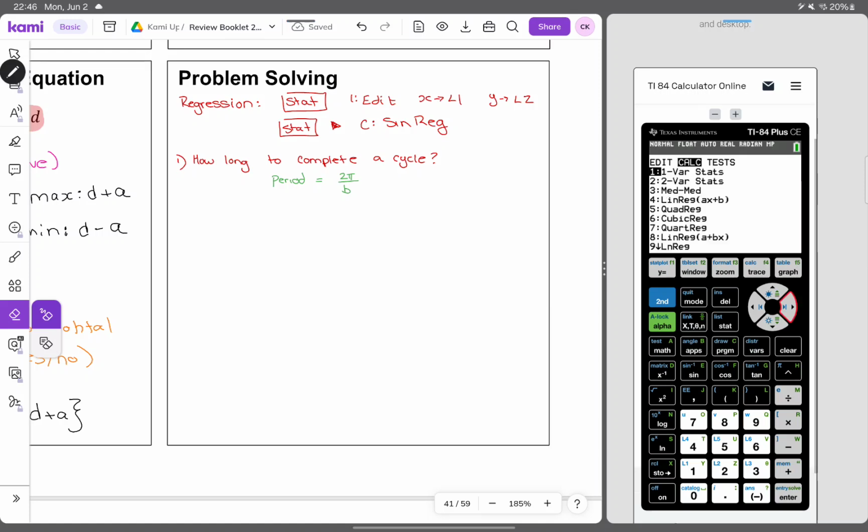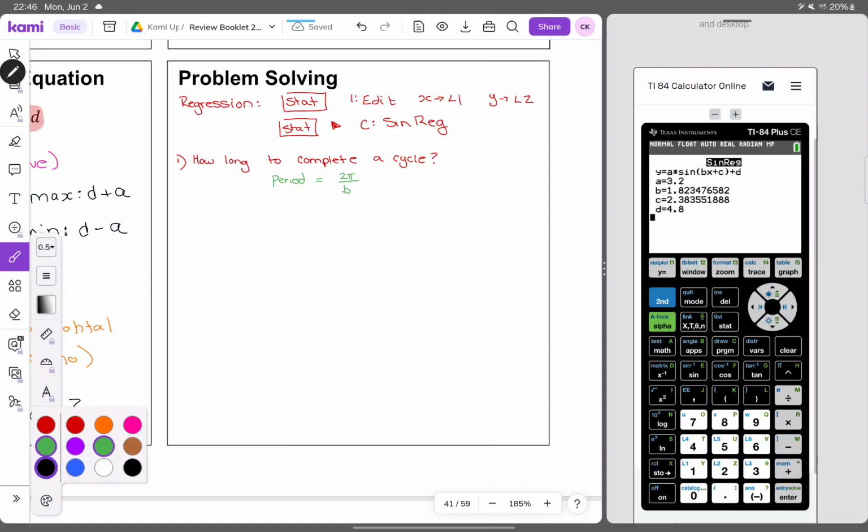So let's see. I'm going to run a regression here. Remember, this information we're going to keep all the same. We can store our regression equation, alpha trace equals, and we're going to calculate this.